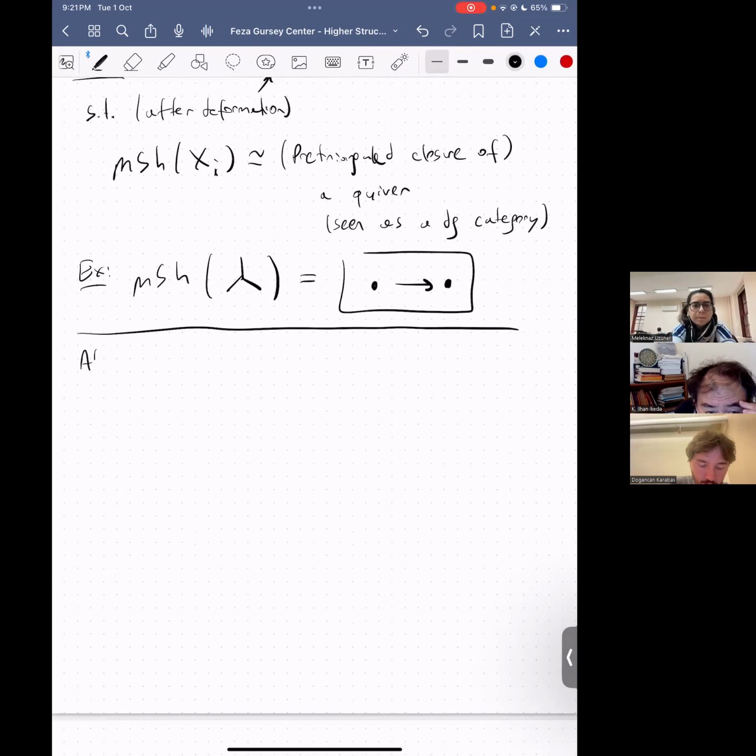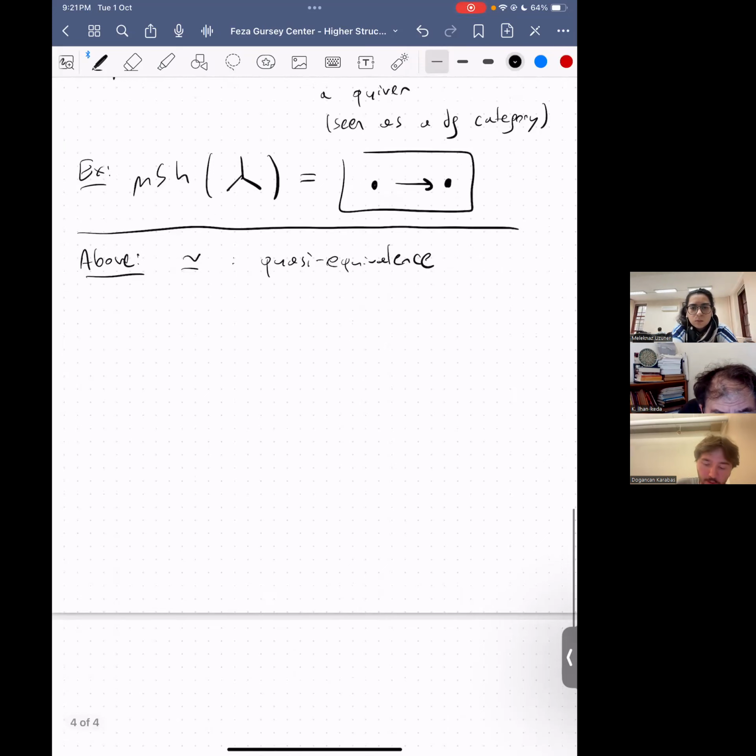So above, this is a quasi-equivalence. And quasi-equivalence, let's say F from C to D, is a quasi-equivalence if F is quasi-essentially surjective.